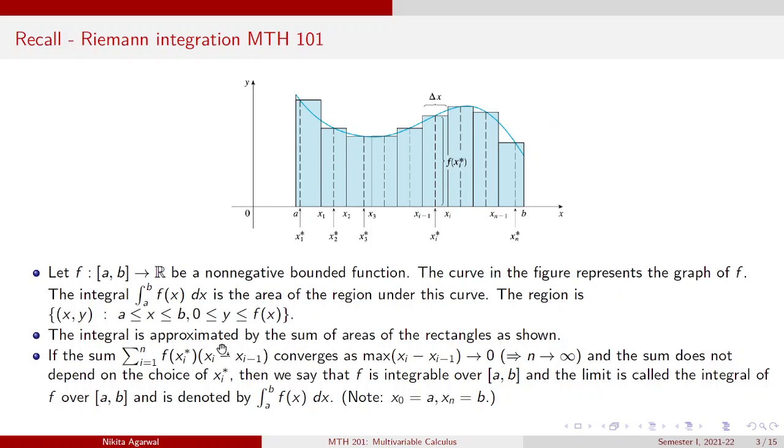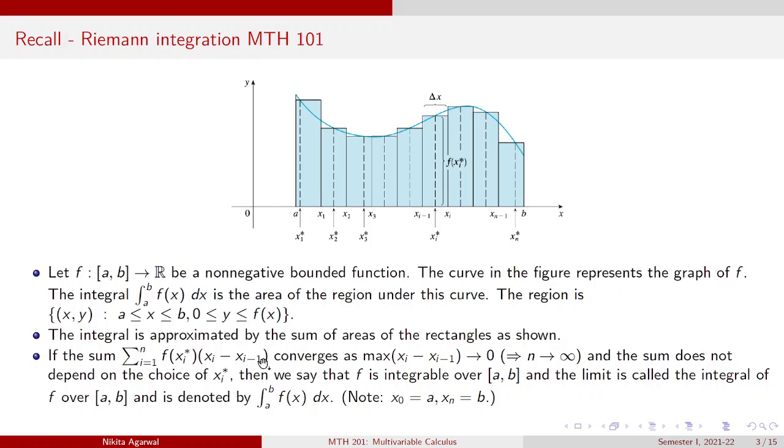But then what you do is, if this sum converges as the maximum of xi minus xi-1 goes to 0, meaning that the length of each subinterval goes to 0, then obviously you need lots of rectangles, right? So if this goes to 0, then the number of intervals should go to infinity, and the sum does not depend on the choice of xi star.